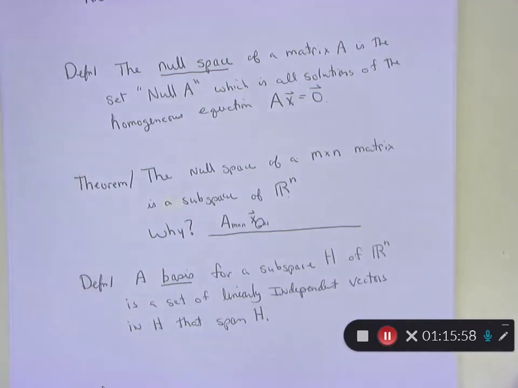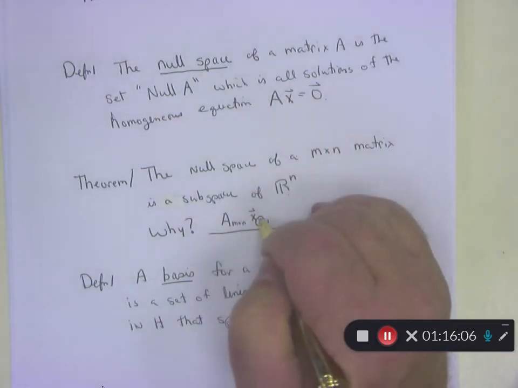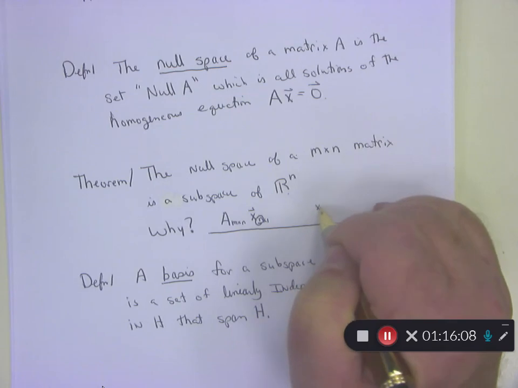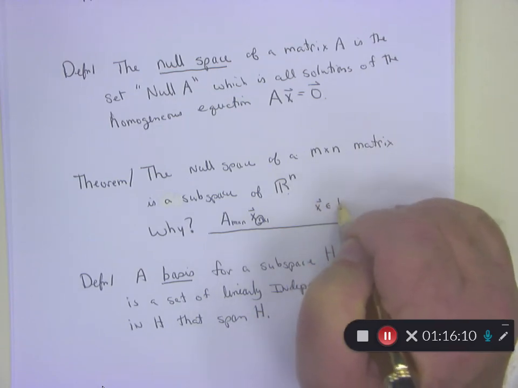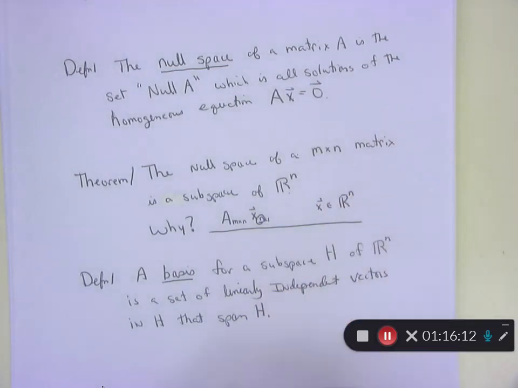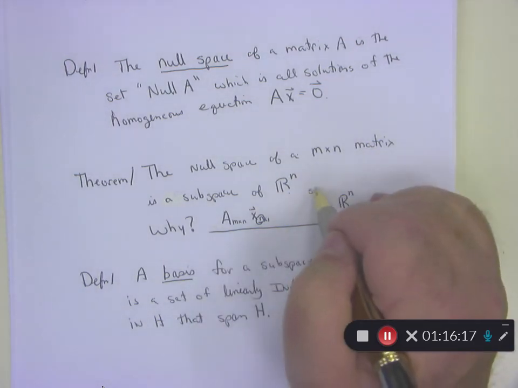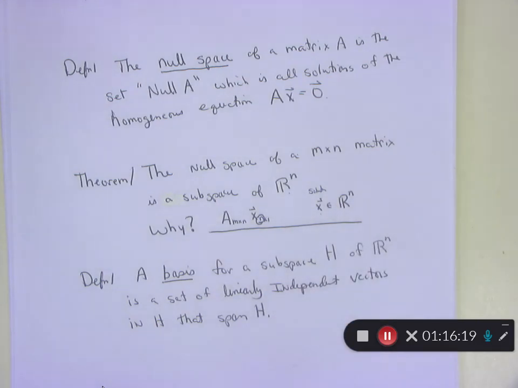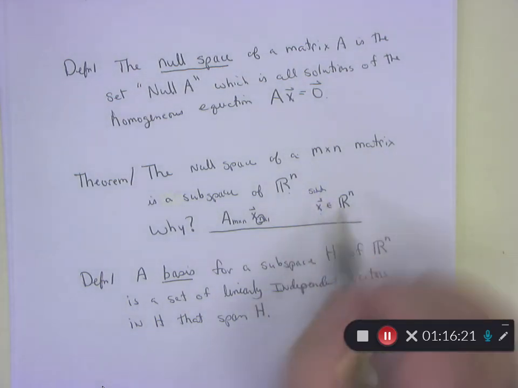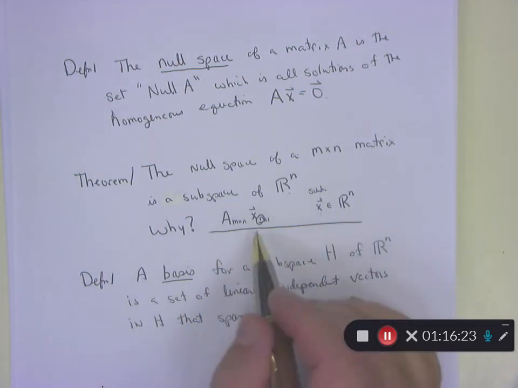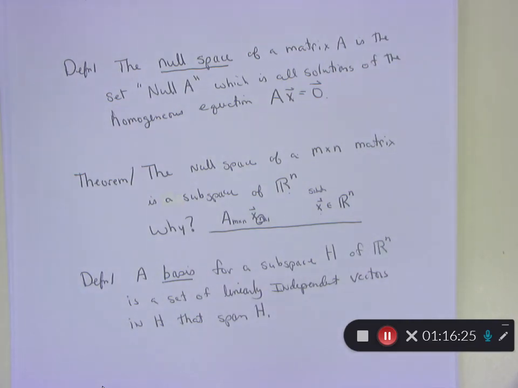What size does it have to be to be able to multiply a matrix M by N by this vector? It's got to be an N. And so X has got to be an element of Rn, right? So these solutions are going to be inside of Rn. So these X's are going to be a subspace of Rn. That is why.